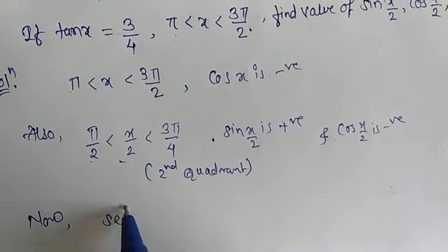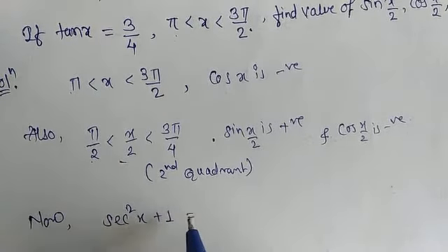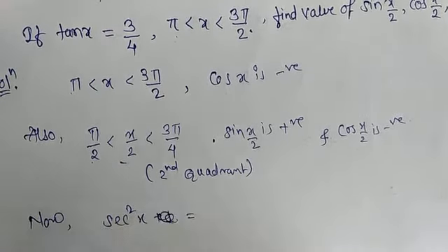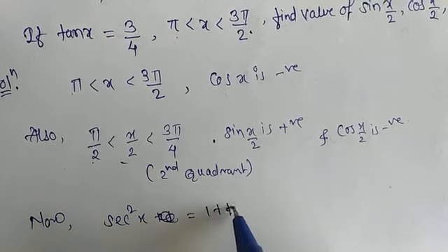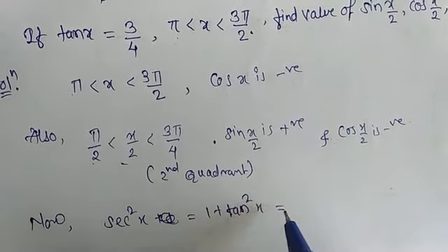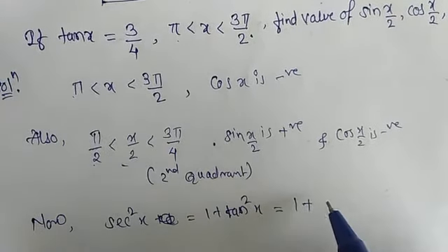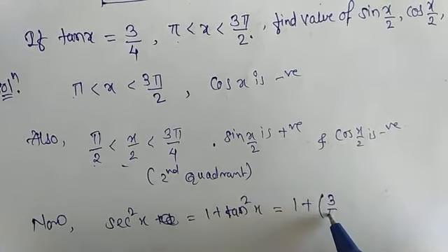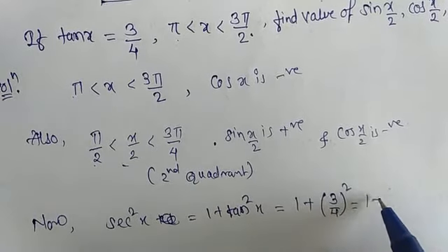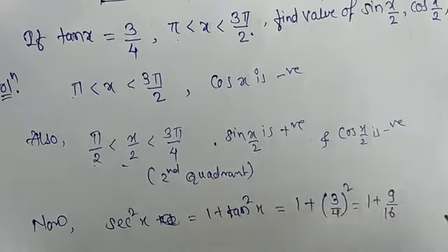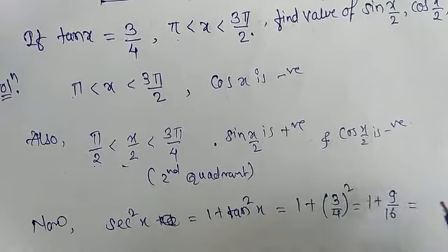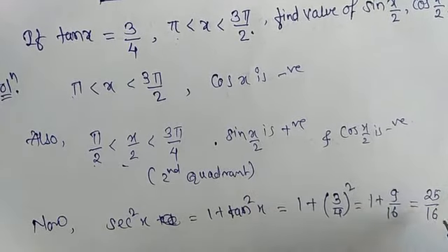Now sec square x is equal to 1 plus tan square x, which is equal to 1 plus 3 by 4 whole square, equal to 1 plus 9 upon 16, which gives 16 plus 9 is 25 upon 16.